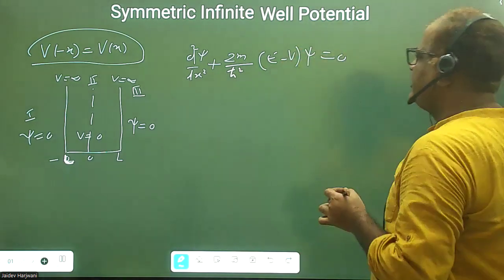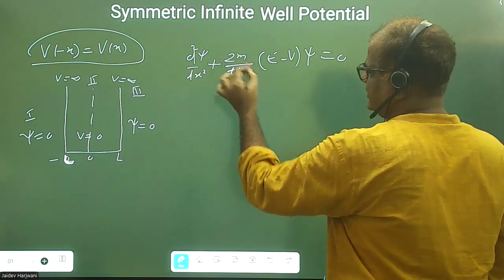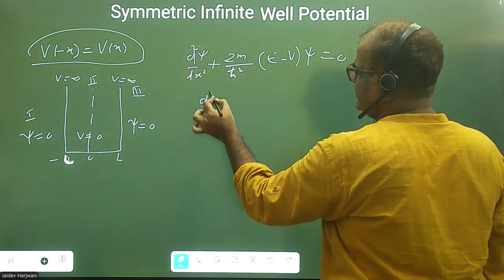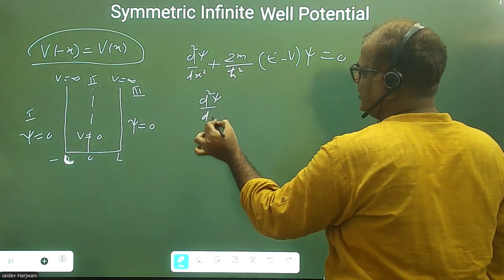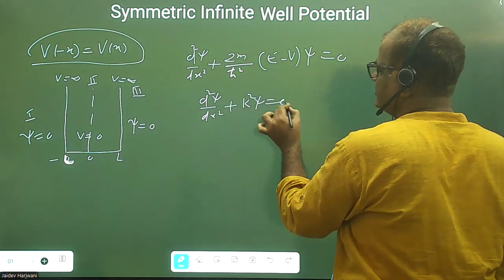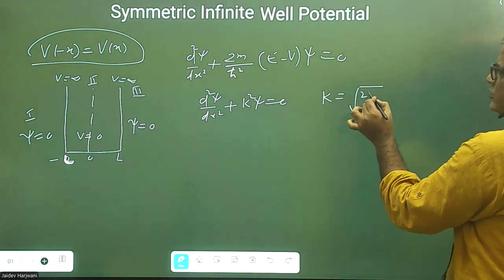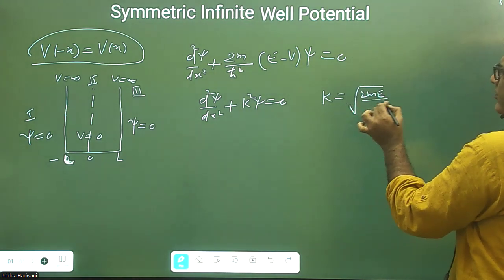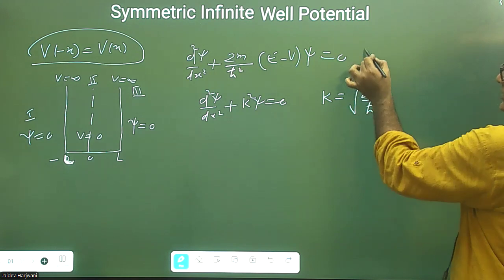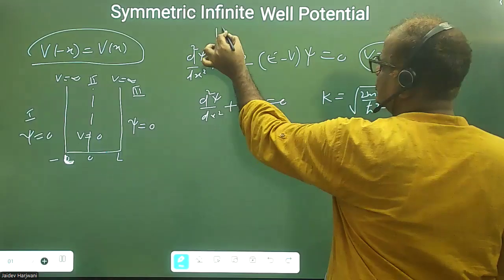And if I take the potential here to be 0, this equation I can write as d2 psi upon dx square plus k square psi equals 0, where my k is the square root of 2mE upon h cut square. I'm taking V equal to 0 in region 2.